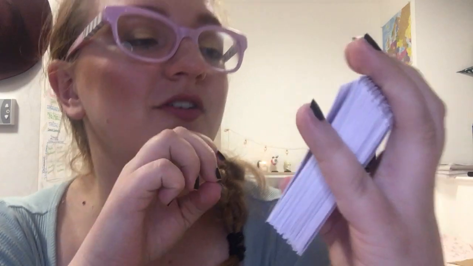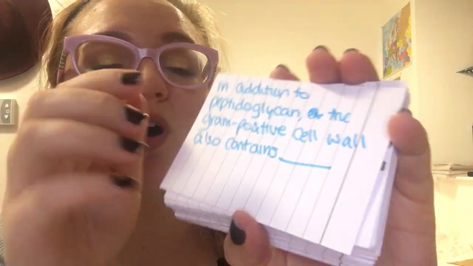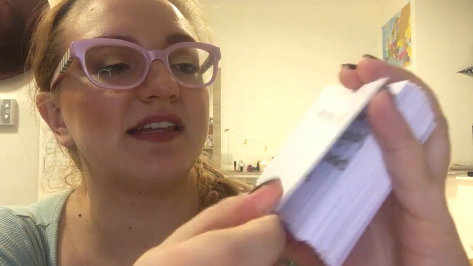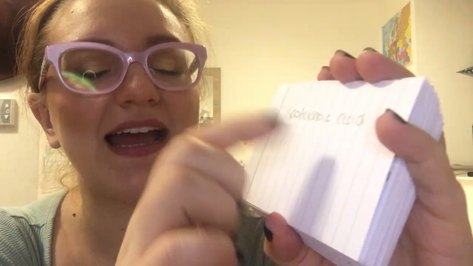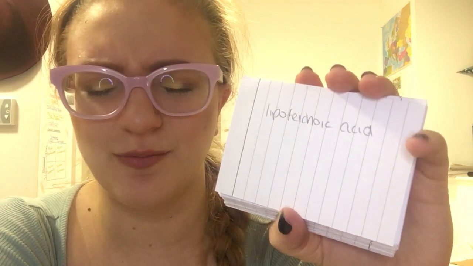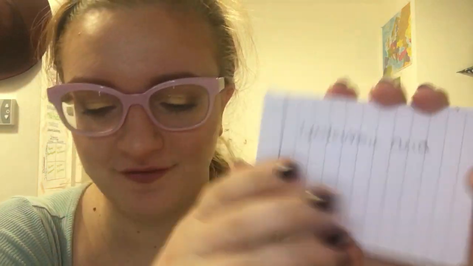In addition to peptidoglycan, in gram-positive cells we also have lipoteichoic acid. The interesting thing about the lipoteichoic acid is that it's really only present in the gram-positive bacterial cells, but we're not quite sure exactly what it does or what purpose it serves just yet. We're still kind of figuring that out.